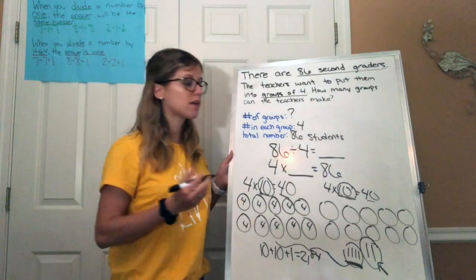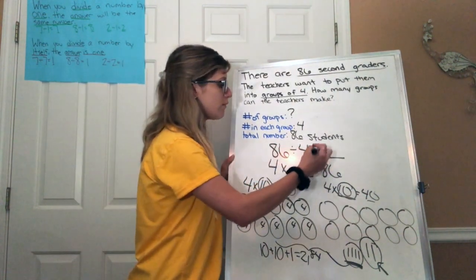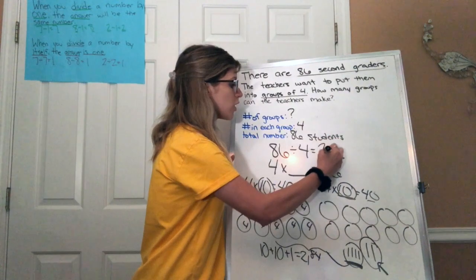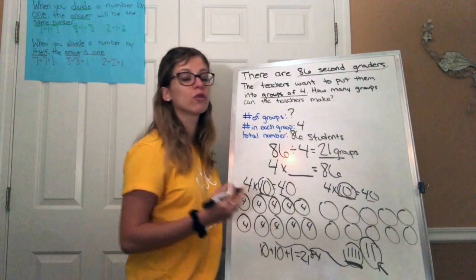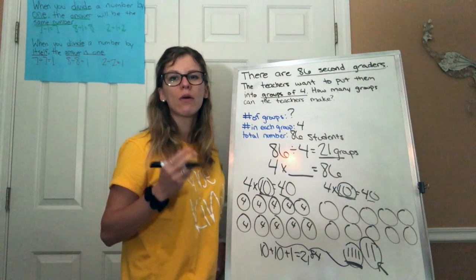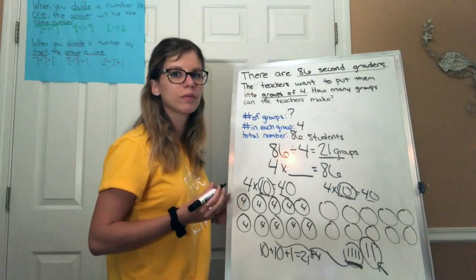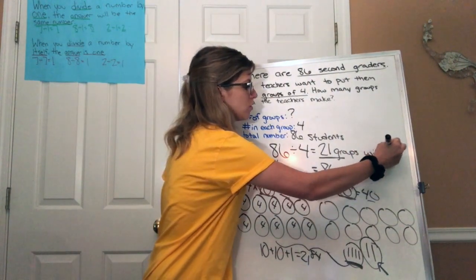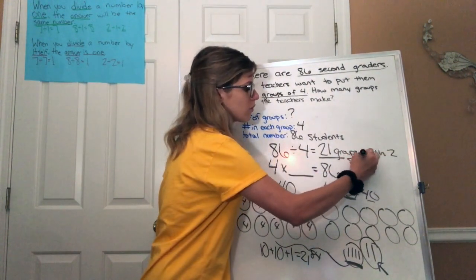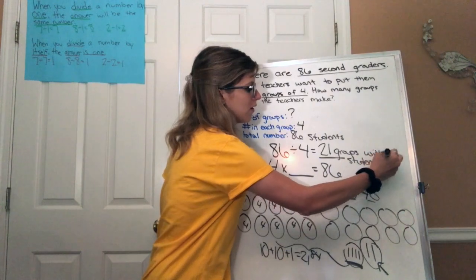So if I was to think of this, I would do 86 divided by 4 would be 21 groups, because that's how many groups I have with 4. But now I need to think how many do I have left over? With 2 students left over.